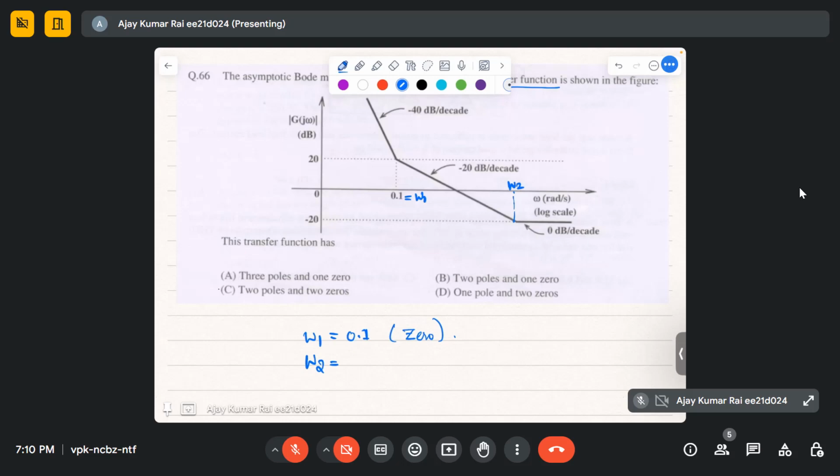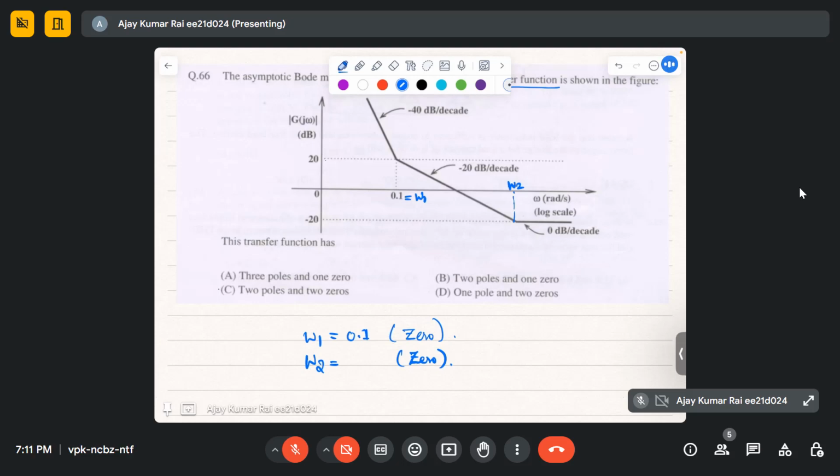So here again, one more zero. We can actually find out the frequency because values are given at omega 1 and omega 2. At omega 1, the magnitude is 20, and at omega 2, the magnitude is minus 20.